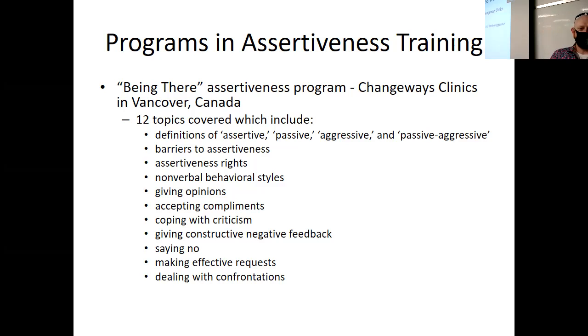So then they look at barriers to assertiveness. What is stopping you from being assertive? Have you been held back from being assertive in the past? Things like that. You let them know that they have assertiveness rights, the rights to be assertive. You go through some nonverbal behavioral styles.